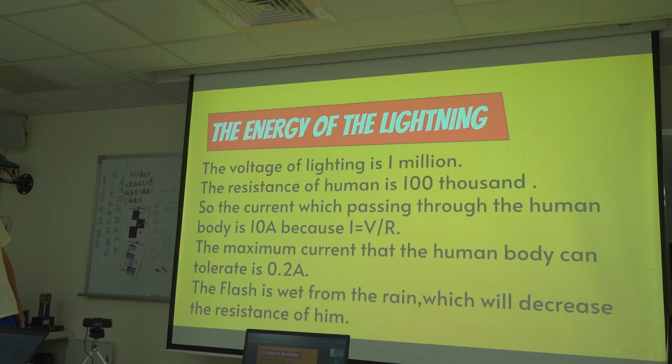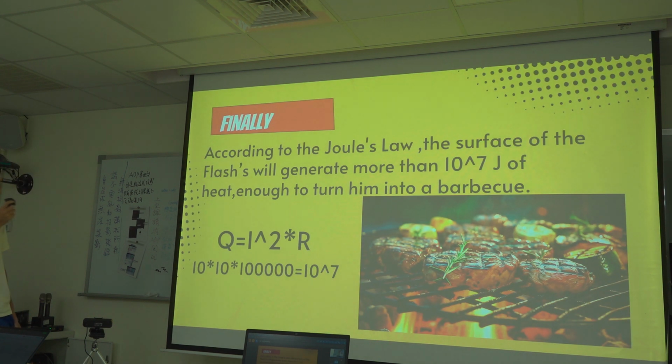So according to Ohm's law, the current through the Flash's body is more than 10 amperes. And according to Joule's law, the surface of the Flash will generate more than 10 million joules of heat, and the energy is enough to turn him into a barbecue.